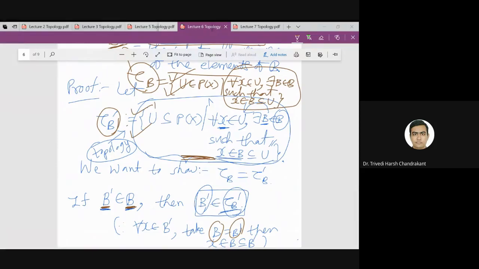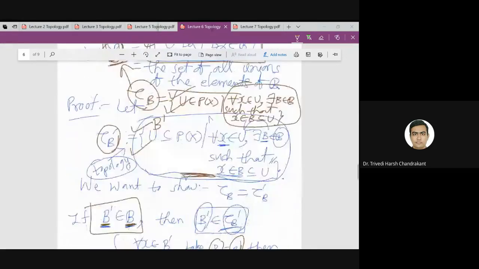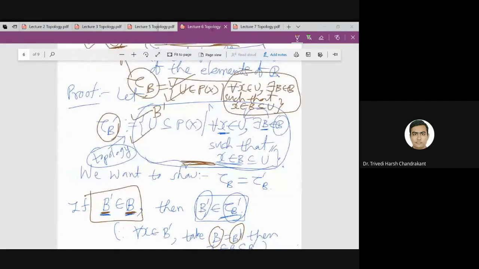So if I take B dash, I want to check whether B dash satisfies this property. What is B dash? B dash is an element of the basis B, whatever basis is given. To check that B dash satisfies this property, I have to find some B for this B dash.